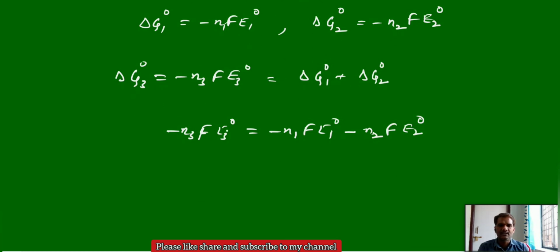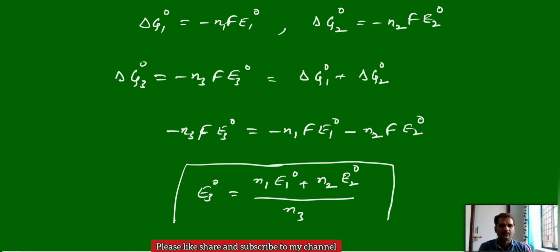From this, the final cell reduction potential value is E3 naught equals n1 E1 naught plus n2 E2 naught, divided by n3.